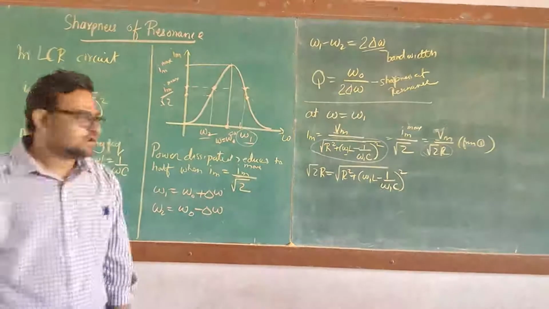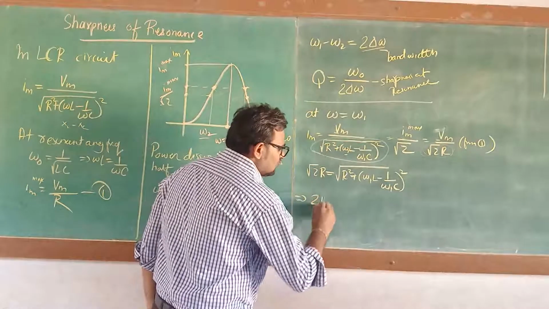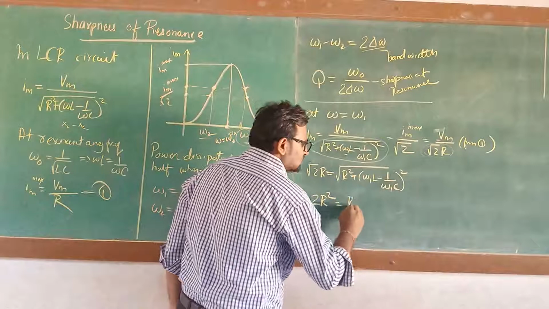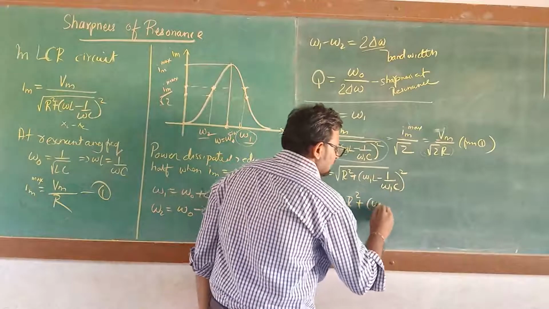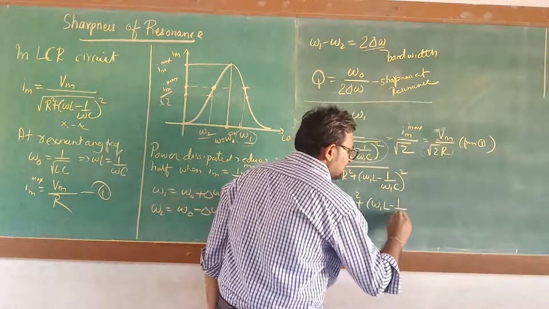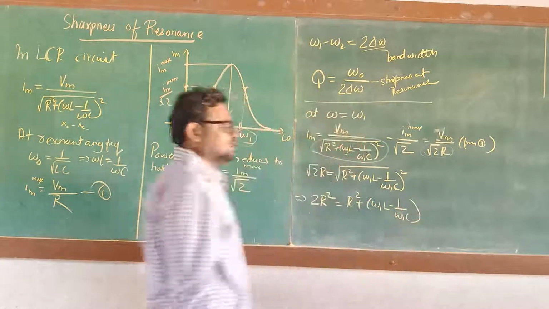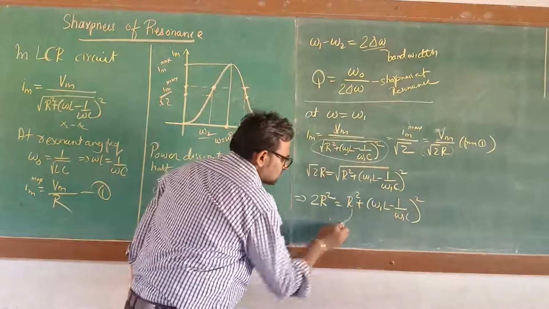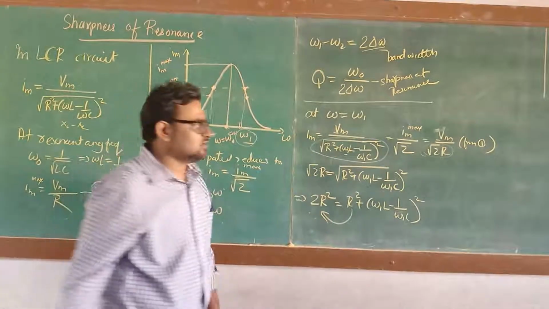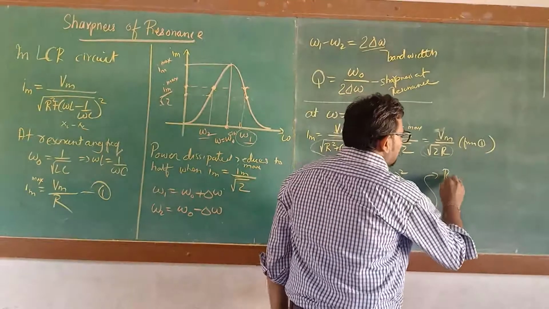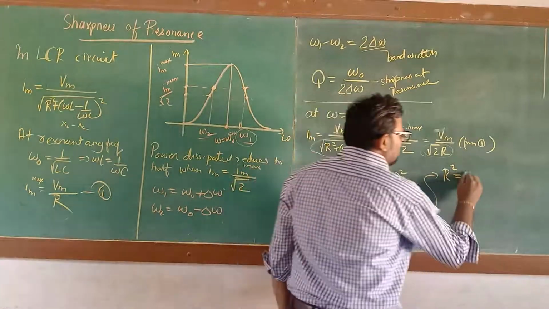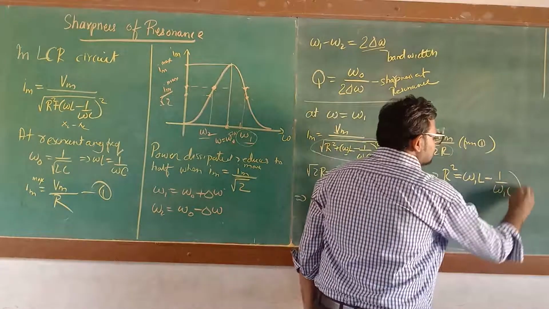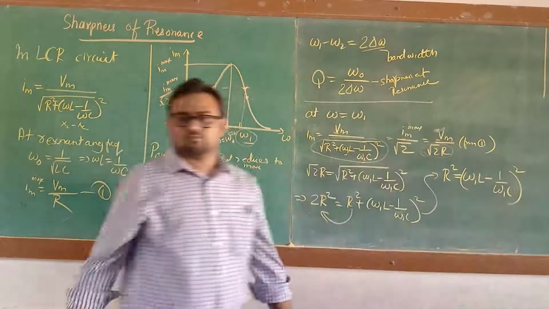Squaring on both sides, we will get 2R square equal to R square plus (omega 1 L minus 1 by omega 1 C) square. Now when this goes to the other side, 2R square minus R square, we get R square equal to (omega 1 L minus 1 by omega 1 C) whole square.